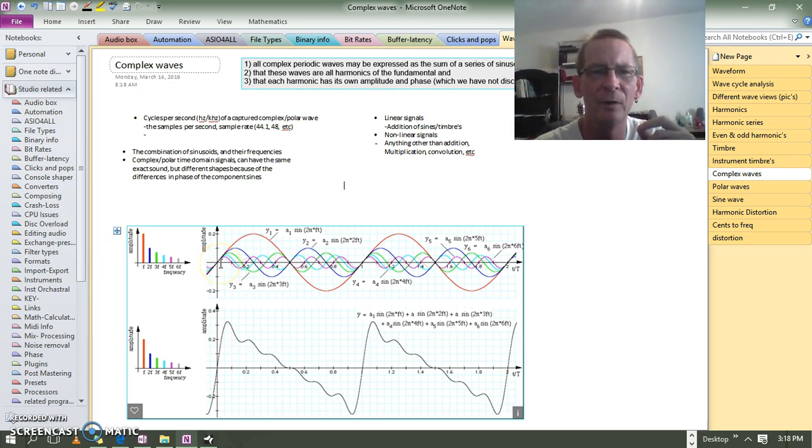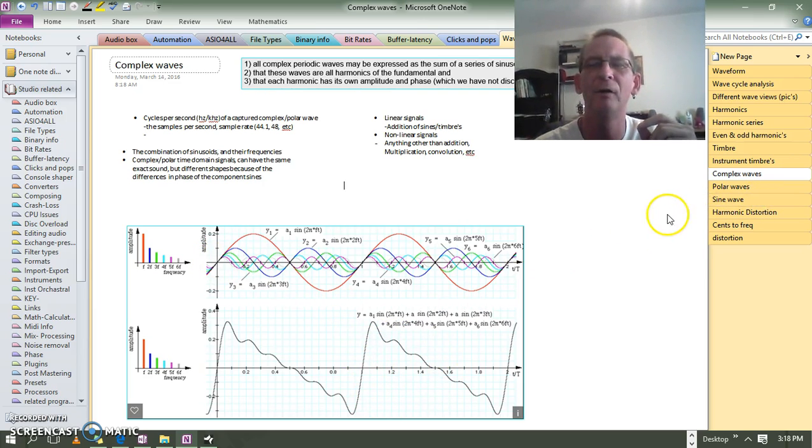There's another video that gives you a real quick definition of phase. If any of these change in phase, the degree that they start on, the waveform can look different. So you can be looking at a complex waveform of the same timbre of the same instrument, and the phase is different, and it makes the waveform look different.